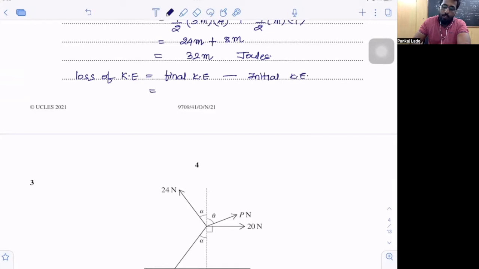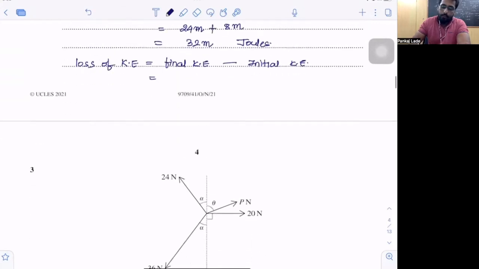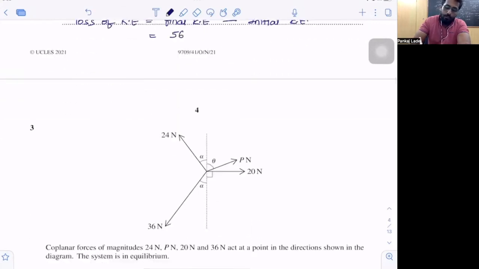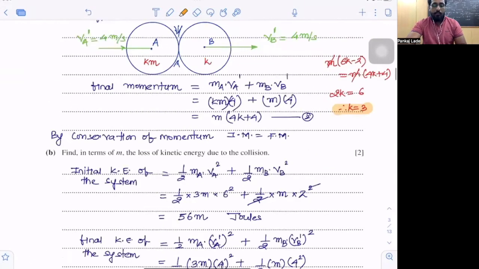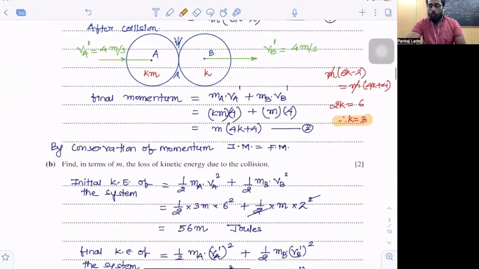So that's going to be how much? 56 minus 32. 56M minus 32M. That should give me, so 6 minus 2, that's 4. 5 minus 3, that's 2. 24M joules. So that's my answer. Okay, 24M joules. So I have got the second part as well. So that was question number 2B, students.